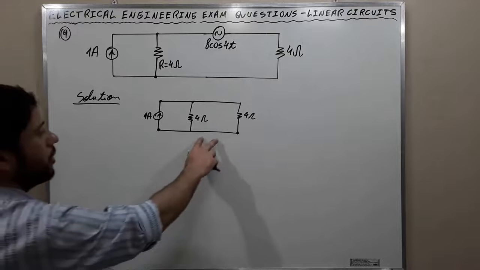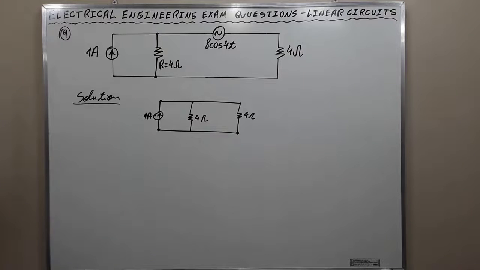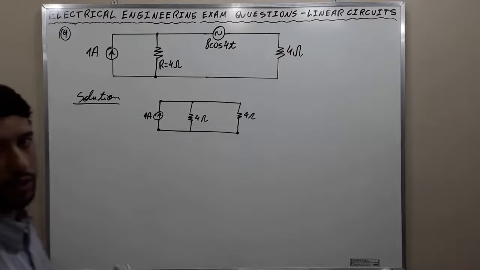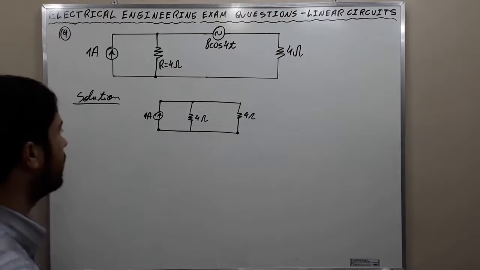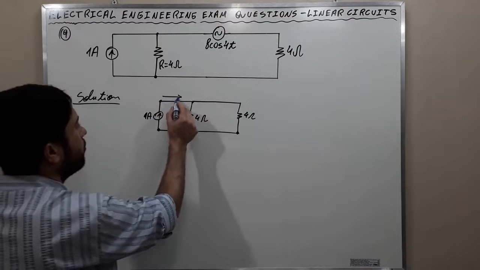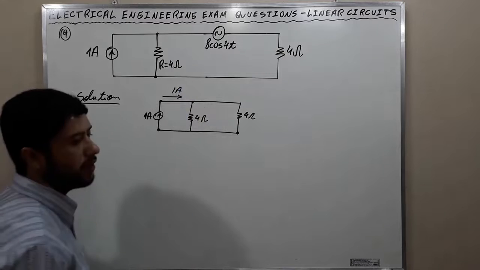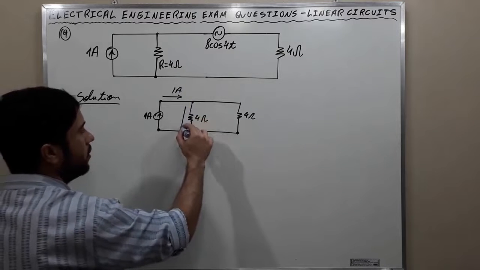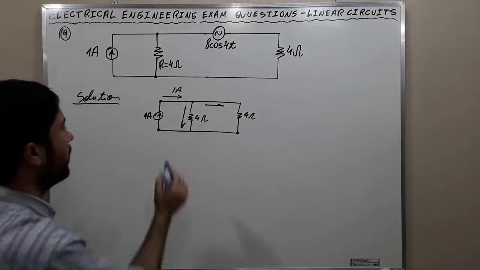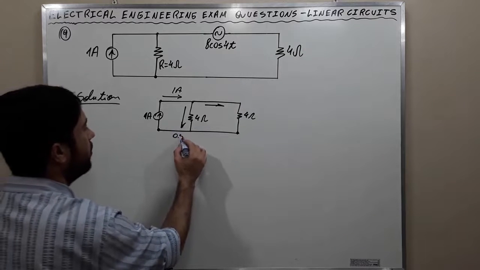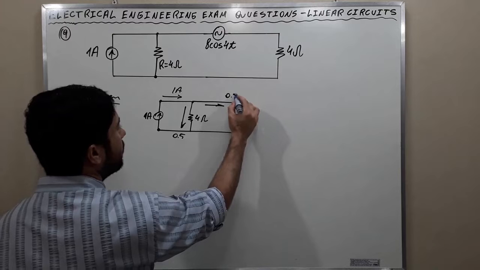There is a parallel connection between these two resistors here, and you know that they are equal. Can you see they're equal? And here is 1 ampere. If they are equal, then this current is going to split equally between them. 0.5 here and 0.5 here.